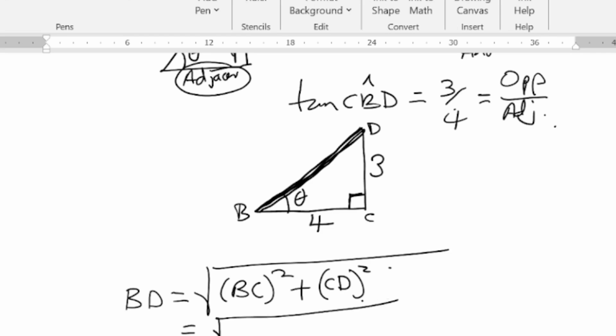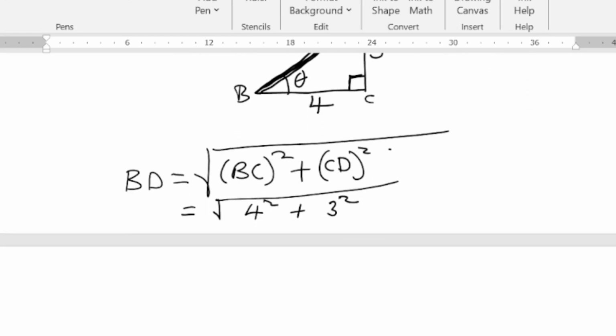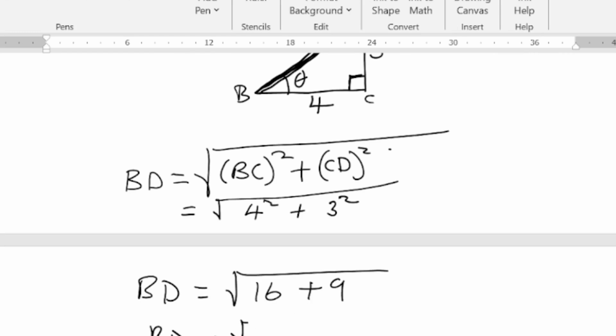BC is 4, so 4 squared plus 3 squared. And so BD is equal to the square root of 16 plus 9, which is the square root of 25. Therefore, BD is equal to 5.